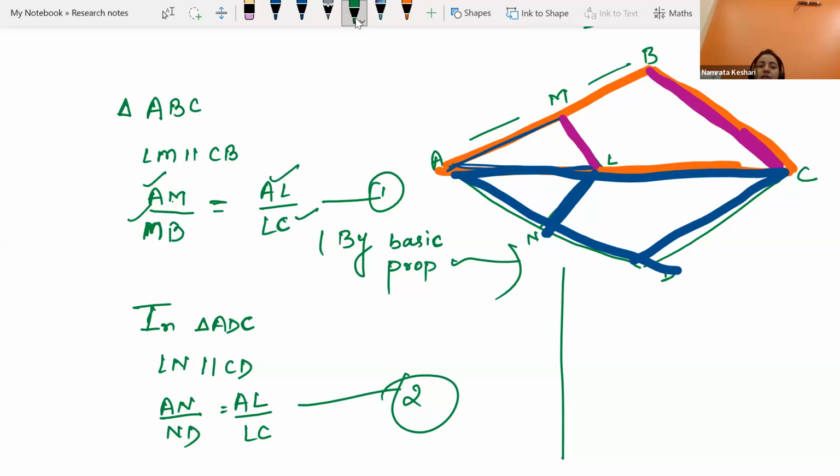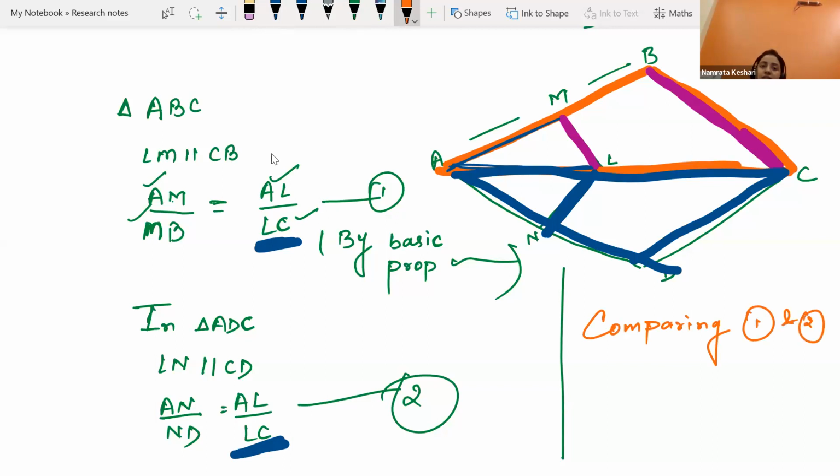Right side is equal. इक्वेशन 1 एंड इक्वेशन 2 का राइट साइड एग्जैक्टली सेम है, और जब भी हमें ऐसा सिचुएशन मिलता है तो हम दोनों इक्वेशन को कंपेयर कर लेते हैं. सो कंपेयरिंग 1 एंड 2, व्हाट आर वी गेटिंग? इस एक्सरसाइज के सारे क्वेश्चंस ऐसे ही सॉल्व होंगे, और इसीलिए अभी तक हमने नहीं देखा है कि हमें प्रूफ क्या करना है. ओके, व्हाट विल बी राइटिंग? We will be writing AM by MB is equal to AN by NB.